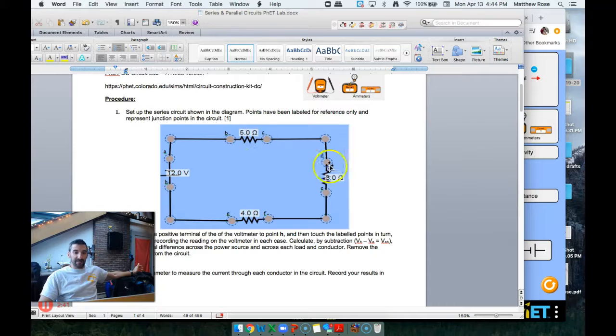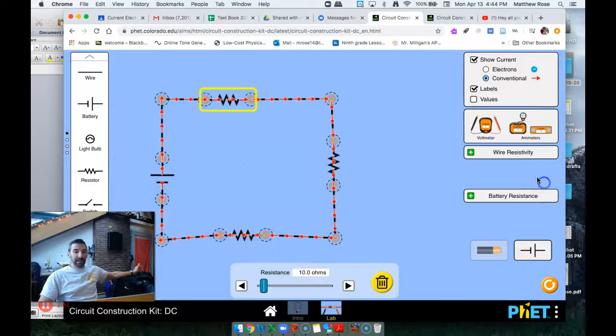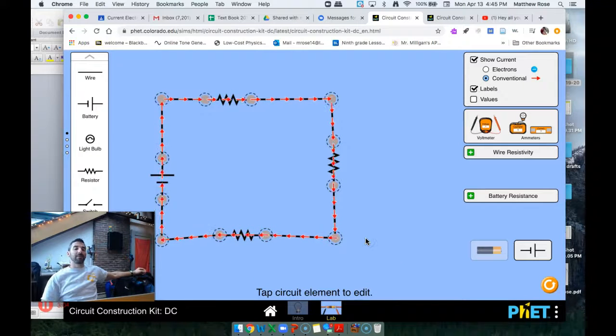I'm going to click on each section. This one has to go down to 5. Whoops. This one has to go down to 3 ohms. And this one has to go down to 4 ohms. And now I can take all of the measurements I need.